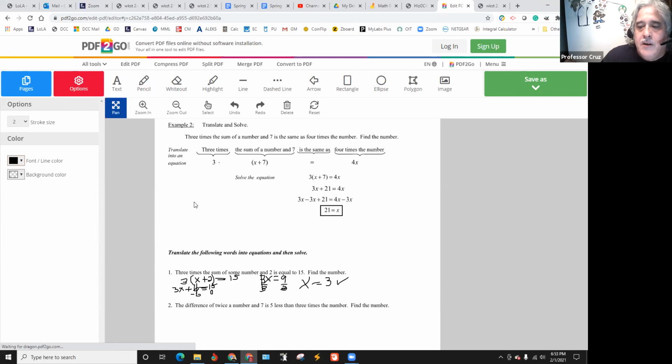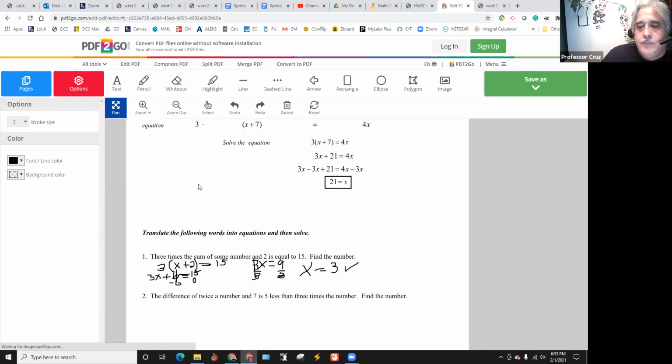All right. Look at that next one. The difference. So this is going to be something being subtracted. What's being subtracted? Twice a number and 7. That's the difference of twice a number and 7, and this supplies the negative sign.